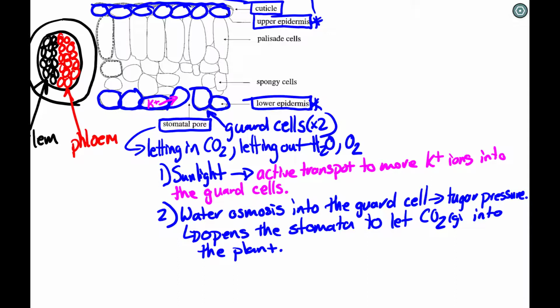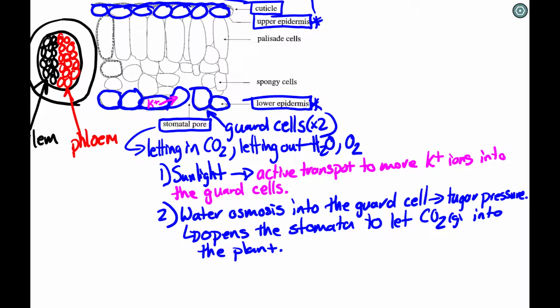The only time that plants can do photosynthesis is when sunlight is present, water is present, and CO2 is present. So the stimulation of the sunlight on the leaf tells the neighboring cells of the stomata to put potassium into the guard cells. Then if there's enough water, water will move by osmosis into the guard cells, causing them to have a lot of turgor pressure and basically opening that stomata up.